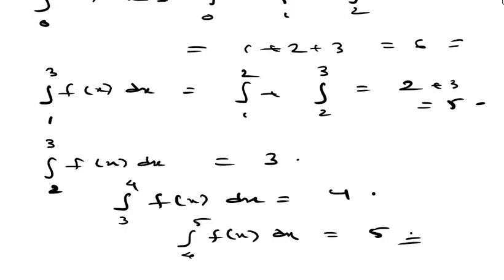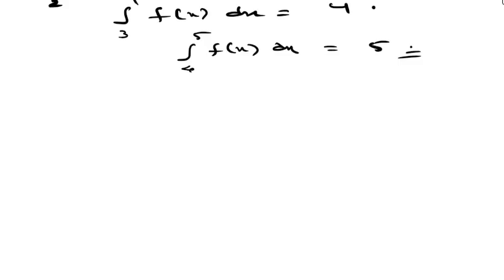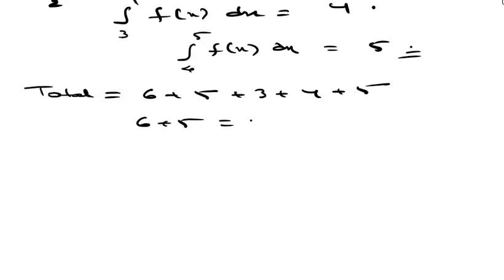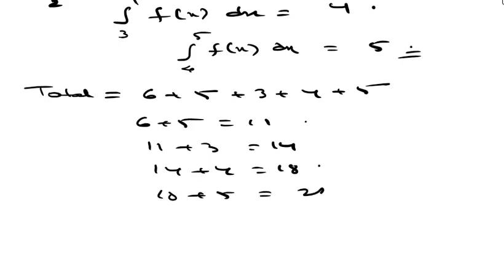Now add everything. The total becomes 6 plus 5 plus 3 plus 4 plus 5. Now add step by step. 6 plus 5 is equal to 11. 11 plus 3 is equal to 14. 14 plus 4 is equal to 18, and 18 plus 5 is equal to 23.